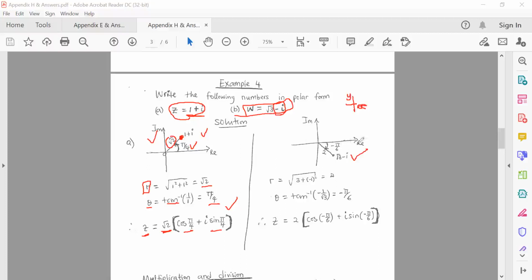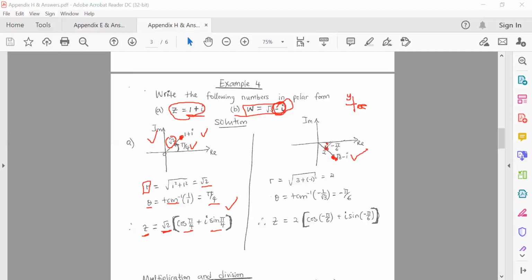So treat the real line as your x and your imaginary line as your y. Notice that this is minus, so your y part is negative, which means it has to be here in the fourth quadrant. And if you remember, I said that when theta is negative, it means you are measuring clockwise. Hence the reason why theta there is measured clockwise. Because the only way I can measure the angle in my fourth quadrant is if I'm going clockwise.